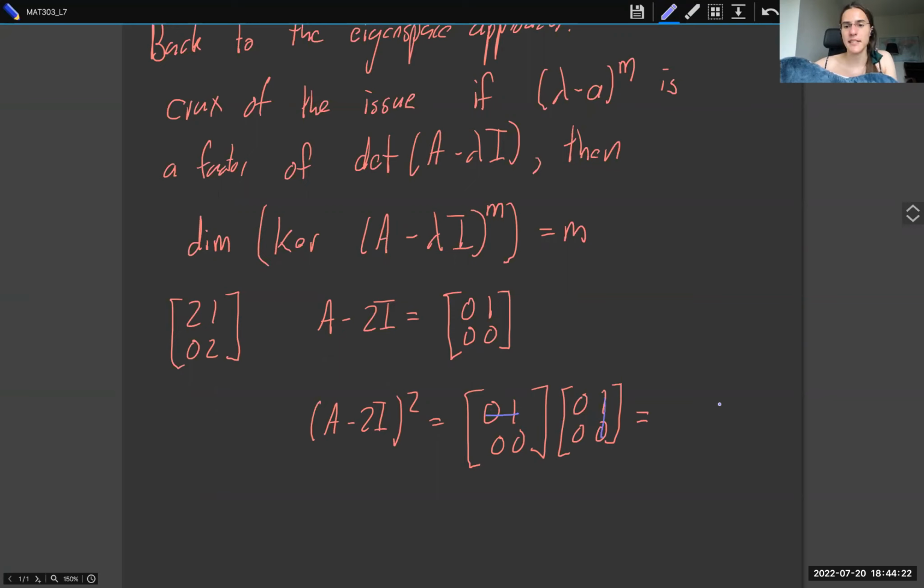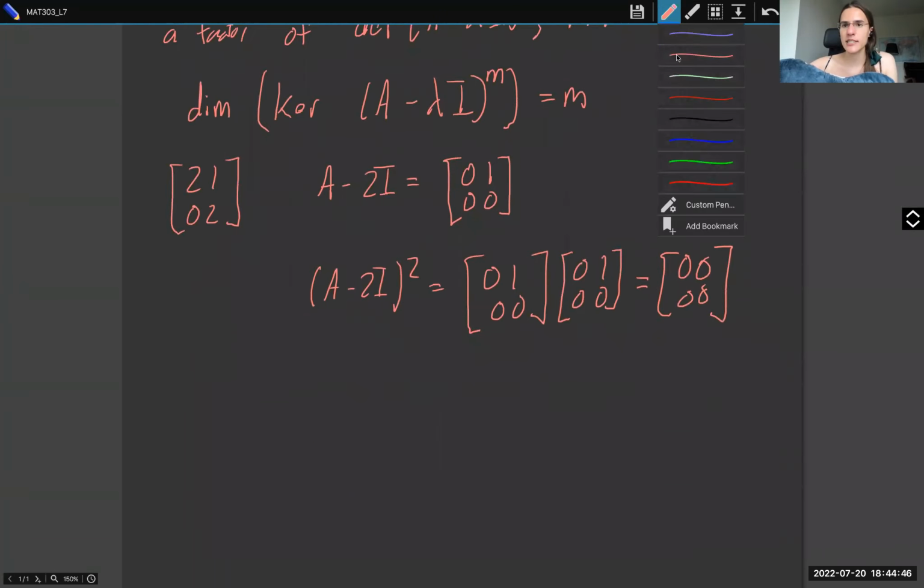Then you do this by this and you get 0 here. And then you do this by this and you get 0. So that's equal to the 0 matrix. And so you can see that that has a two-dimensional kernel, right? But it's not the case that a minus 2i has a two-dimensional kernel. It's only the case when we square it that we have a two-dimensional kernel. And in general, this can happen in arbitrary dimensions.